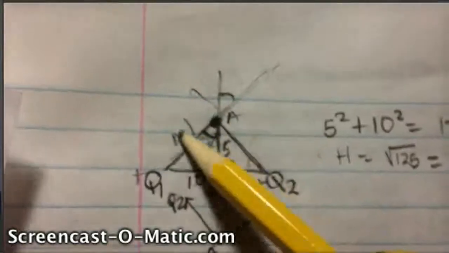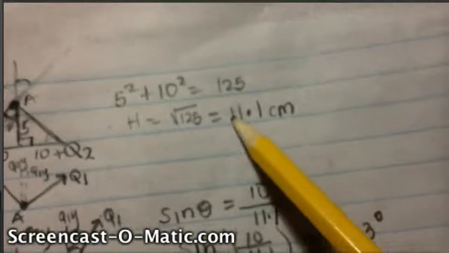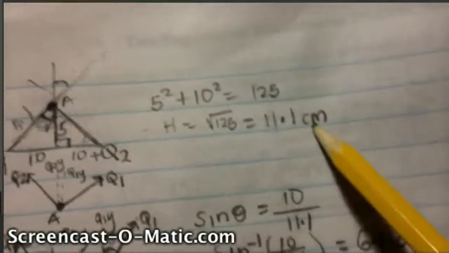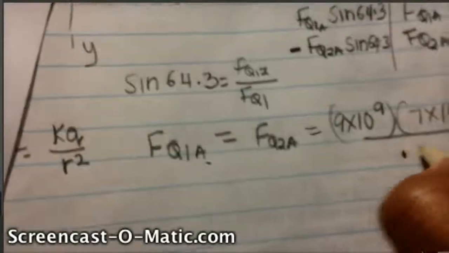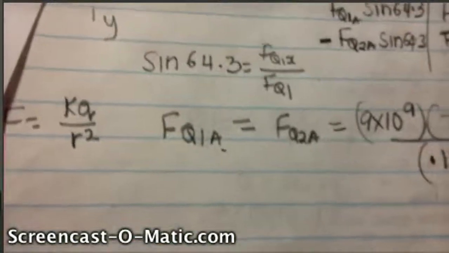And over here, remember this is R squared, and that's the hypotenuse, which we found to be 11.1 centimeters. But we have to convert it before plugging it in. So 11.1 centimeters to meters is 0.111 meters. You have to square it, because it's R squared.